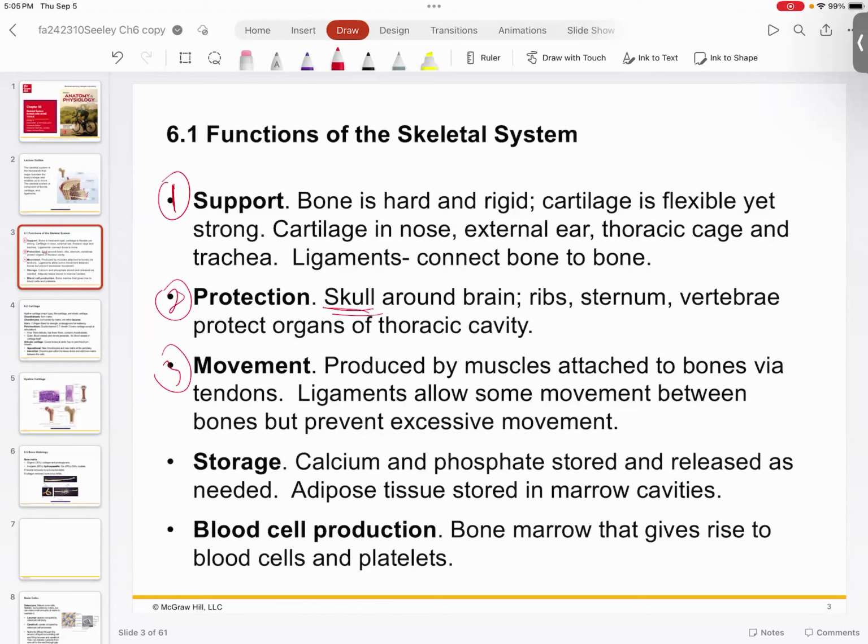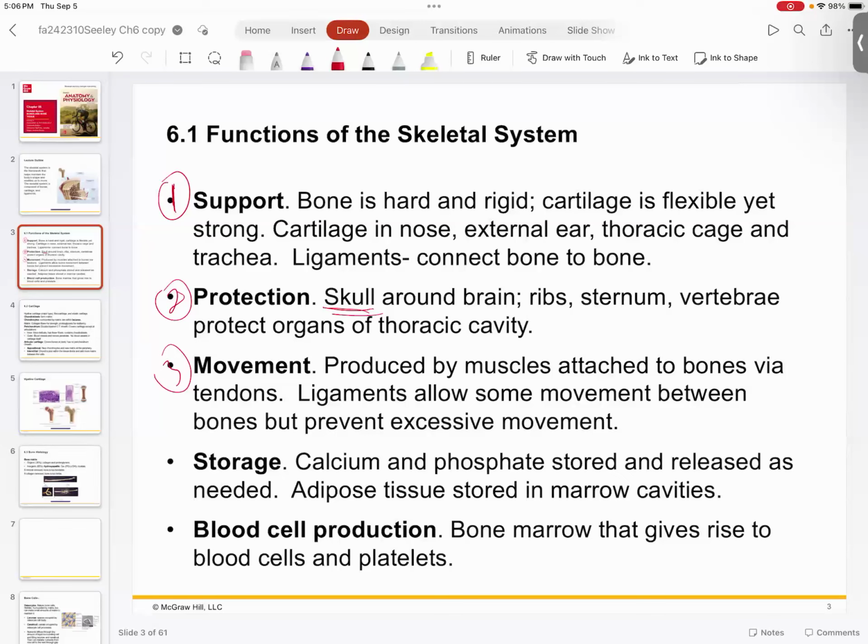It allows us to move our frame when we string it up with ligaments and muscles, and allows us to be ambulatory. So support, protection, ambulation, those are things you can access pretty easily. You can just ask Joe Average on the street and they'll probably come up with one of those three.